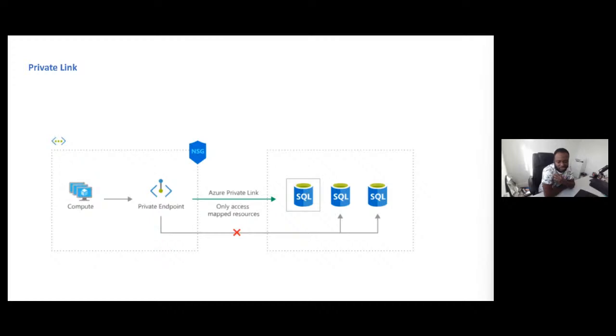For example, if you have your own resource on Azure that you want your VNet to have access to, you can use private link to do that as well. And also, if you are a Microsoft partner, you can utilize that to connect to those partner services.